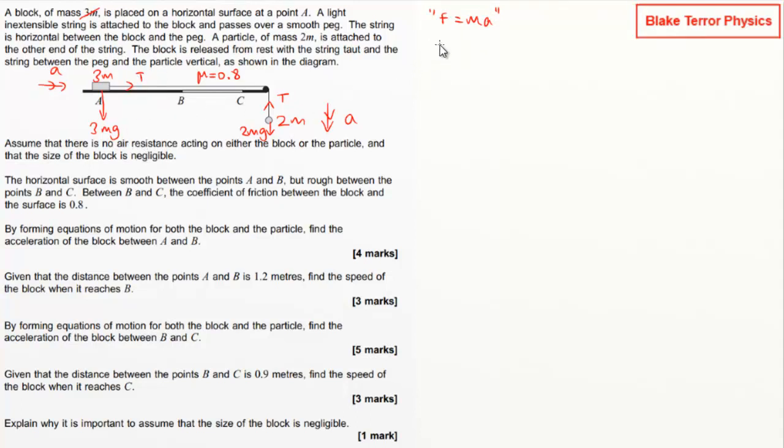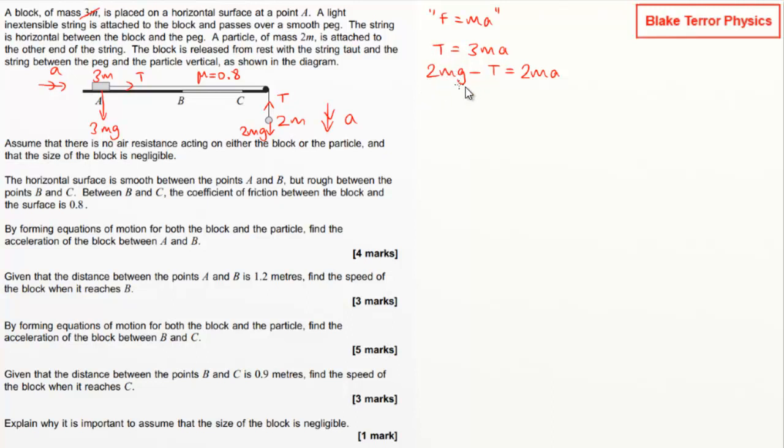So we're going to have that T is equal to 3ma and that 2mg minus T is equal to 2ma. So we can just add these together, which will eliminate the T's.